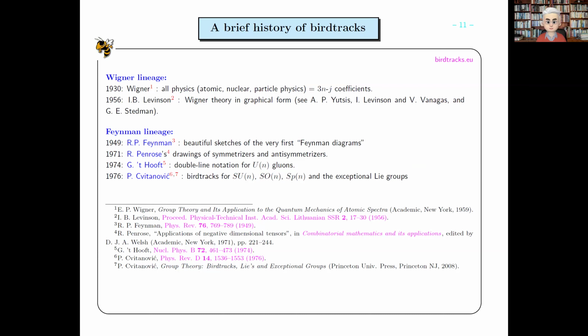So this lineage presumably inspired Penrose in '52 or something. I don't know when he got to see the first pictures of Feynman diagrams. He was in math and then general relativity, but I'm sure he saw them.